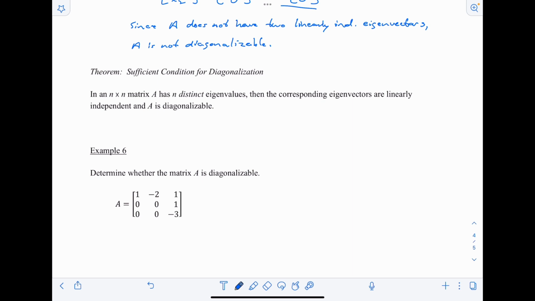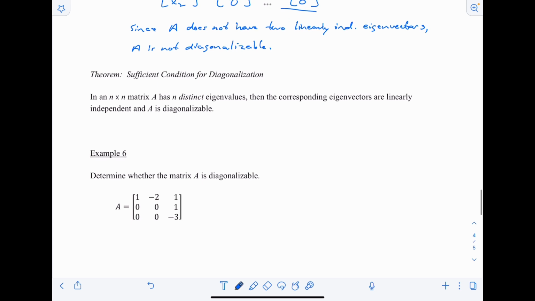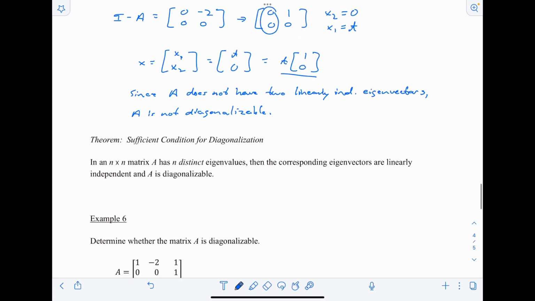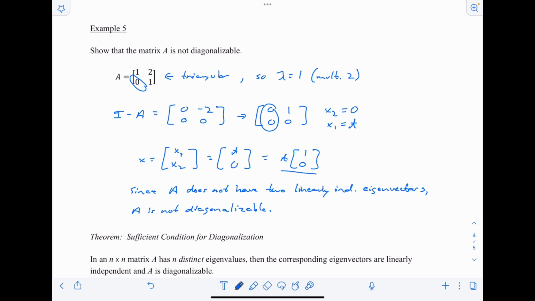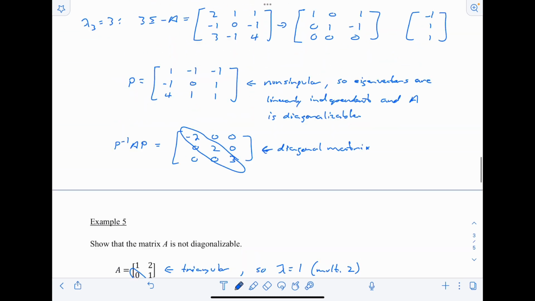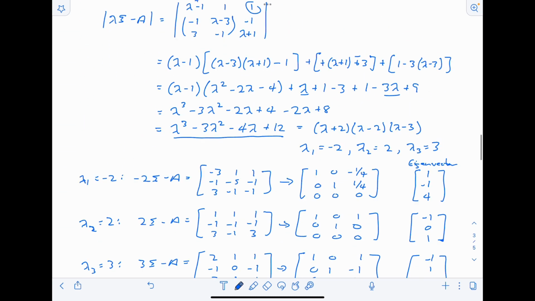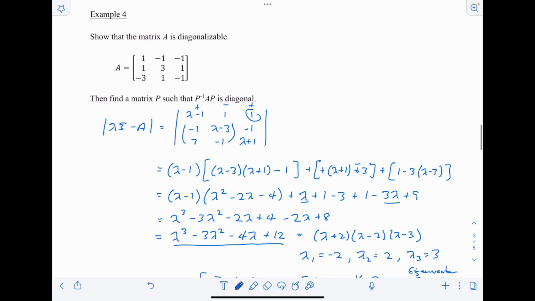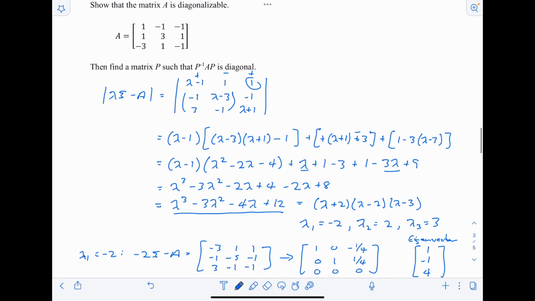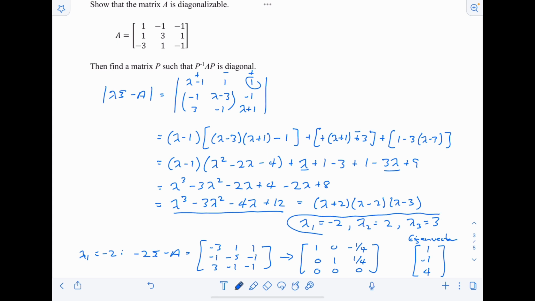So this actually simplifies a lot for us. If we go back, for example, and look at example 4, you've got a square matrix of order n, and it has n distinct eigenvalues, then we know that the eigenvectors are linearly independent and that A is diagonalizable. So if we go back to example 4, which had all this work that we had to do to show that A was diagonalizable, at the point that we found these 3 eigenvalues, A is a 3 by 3 matrix.